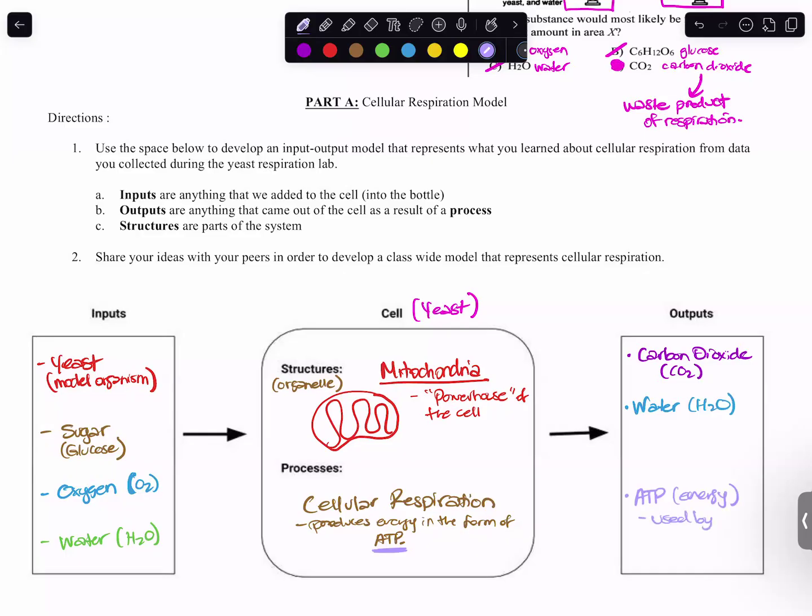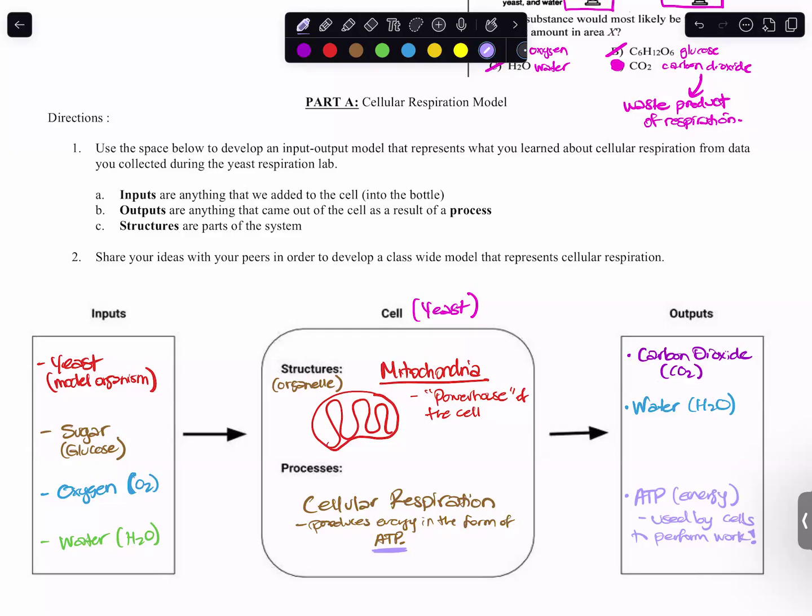Used by cells to perform work, right? So maybe muscle movement, maybe transportation, right? Different metabolic processes are going to use ATP energy, all right? So those were the three primary outputs as a result of these inputs that were here, okay?